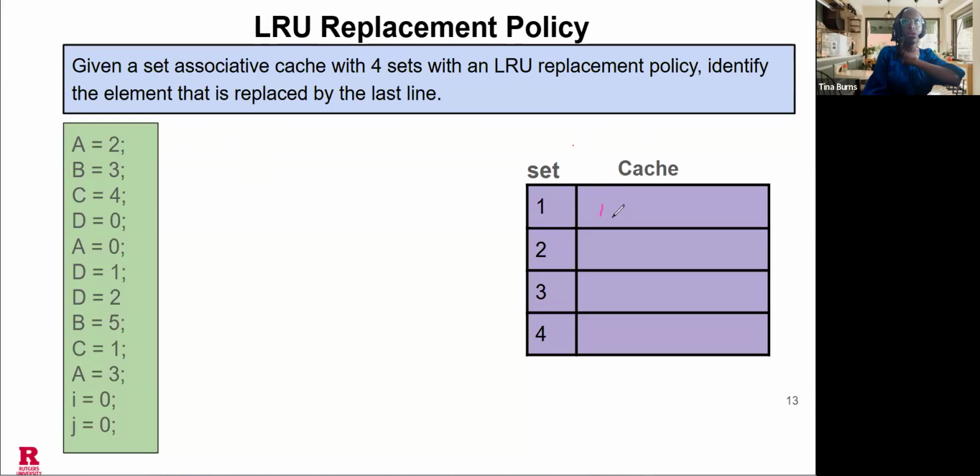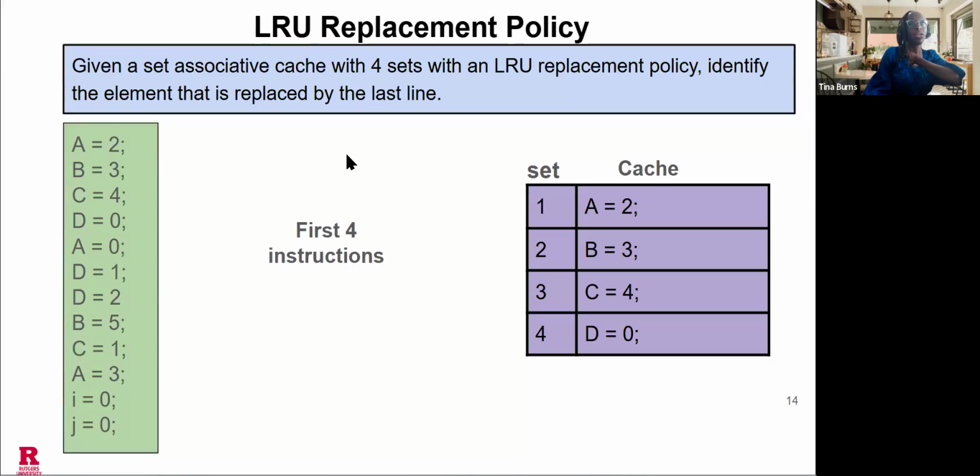This is going to be A is equal to 2, B is equal to 3, C is equal to 4, and D is equal to 0. That's relatively easy. Every line is going to a different place in the cache. Now, as we continue though, what happens next?